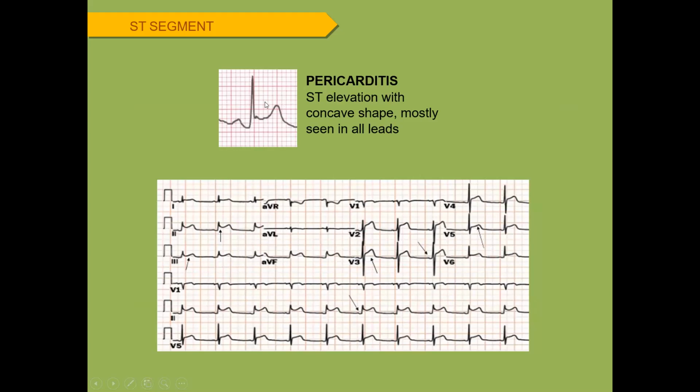This is concave, not convex. If convex, then it is MI. Other features of pericarditis should also be noted, most importantly PR segment depression, but I will not go into detail. You just have to know that the ST segment is concave upwards in pericarditis.